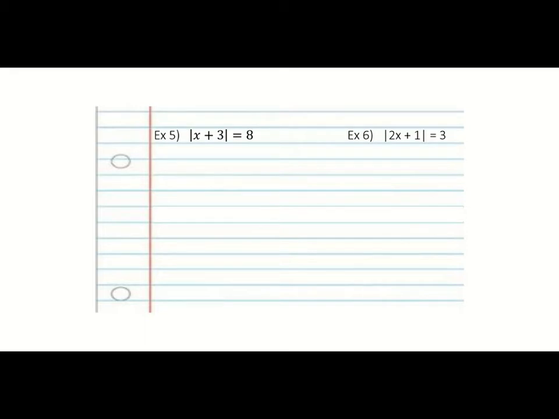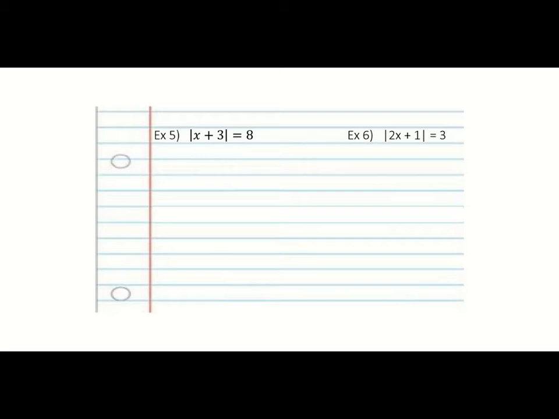So example 5 says the absolute value of x plus 3 is equal to 8. When we solve absolute value problems, we want the absolute value to be the only thing on one side of the equation. Since the absolute value is the only thing on the left side of the equals, we're going to jump to step 2, which says set up 2 equations.